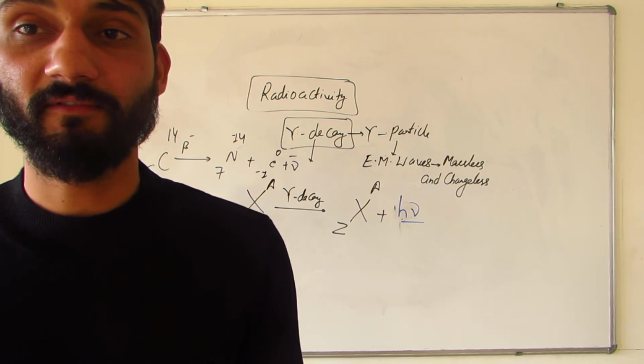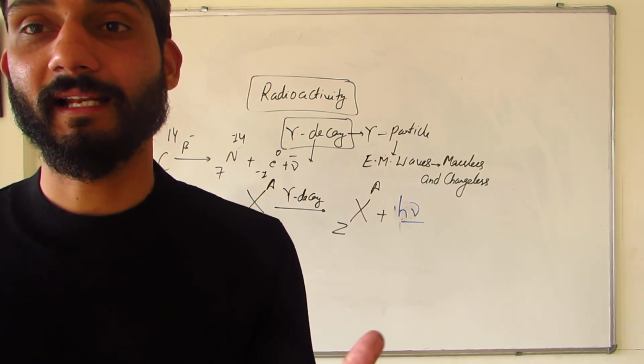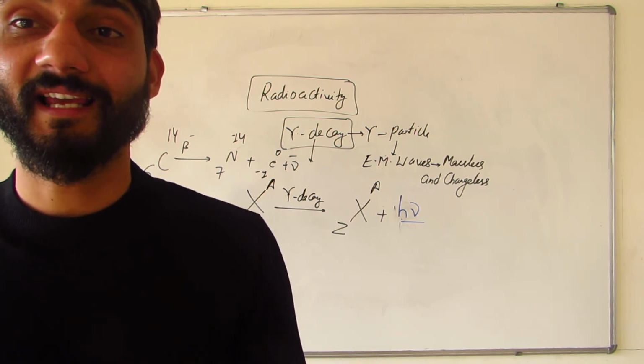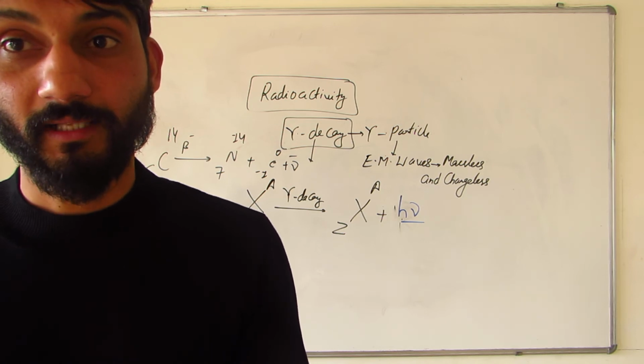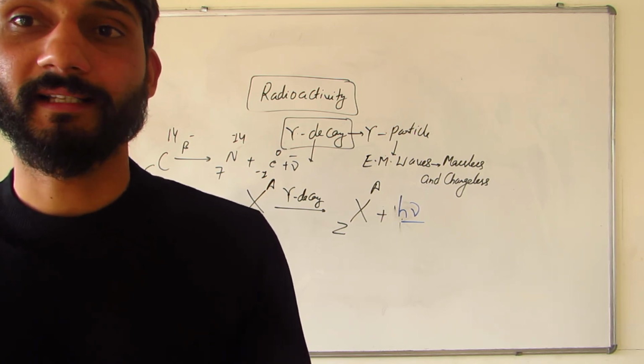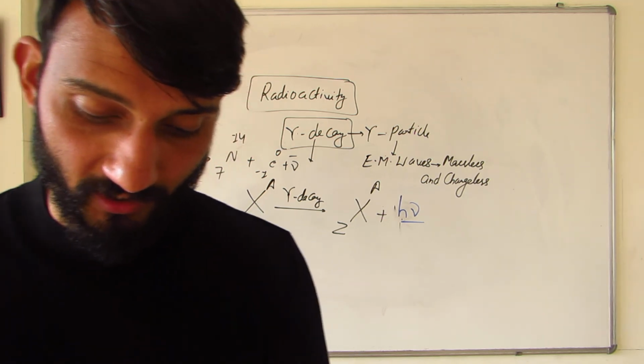You need to understand that gamma particles, since they are chargeless and massless, are electromagnetic waves, and one important property associated with them is that they have the least wavelength and therefore the highest frequency, and they have the highest penetrating power, right?